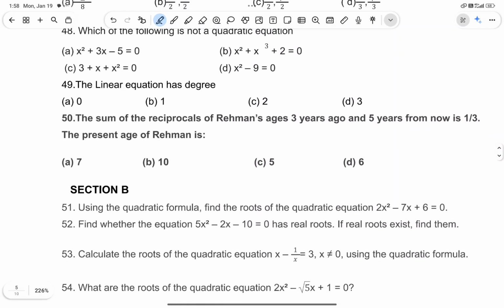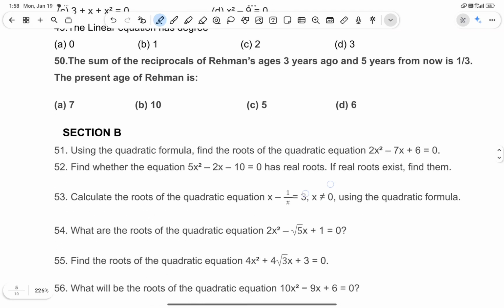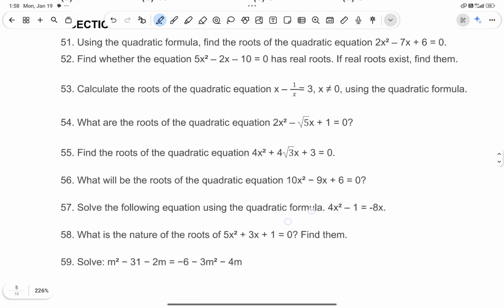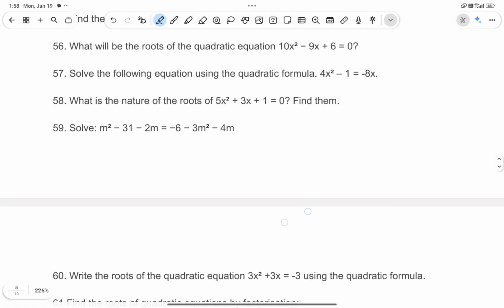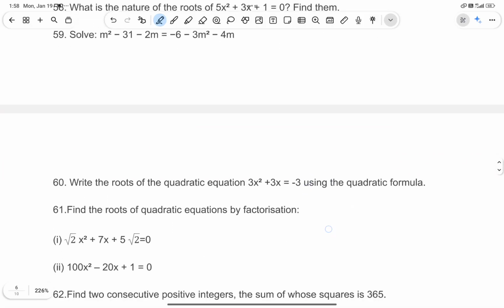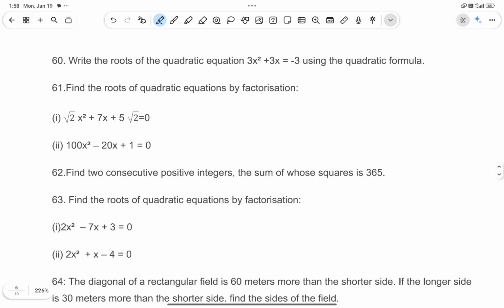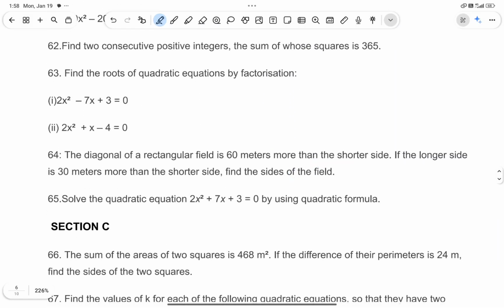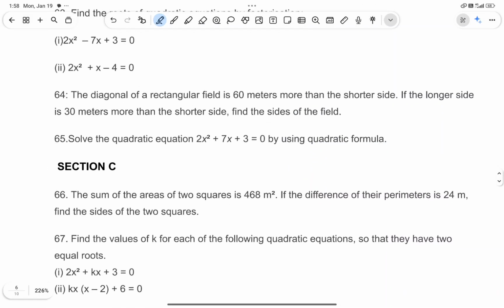Section B starts from the 51st question. If you have any doubt regarding this chapter that is not contained in this model paper, you can also write the whole question in the comment box, and I will explain that question also, no problem.